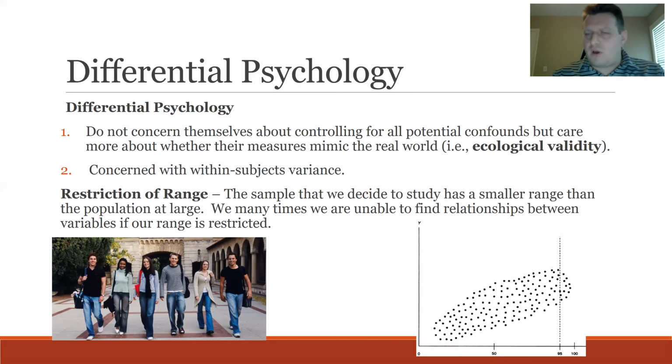Okay, this is called the problem of restriction of range. So if the sample that we decide to study has had its range of scores restricted in some way, we are unable to find a correlation. So we could talk about Georgia Tech and the relationship between math ability and memory.